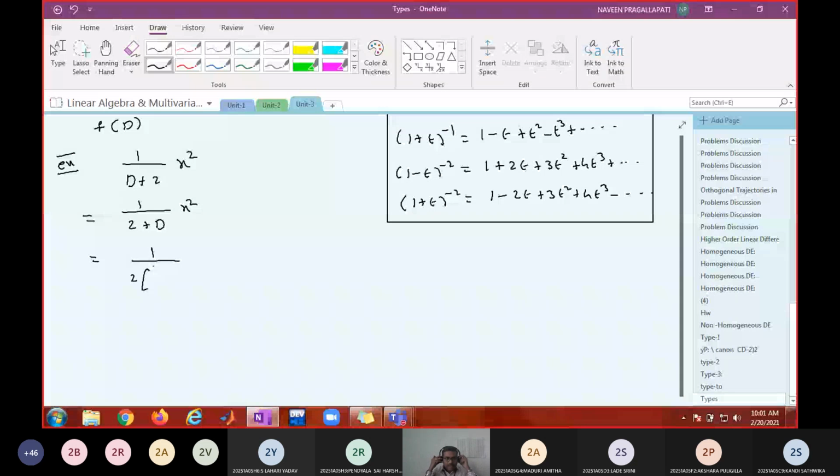So take constant common. Are you with me? So you take constant common, then what do you get? 1 plus d by 2 of x square.